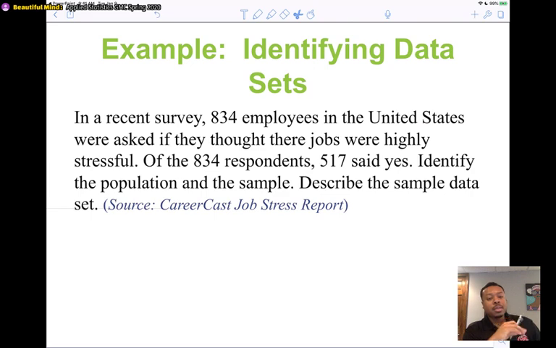So the population in this case should be all employees of the United States, not just the 834. And then the sample should be the 834 of the all. So if we're talking about the employees of the United States, the sample is 834 of the entire population.